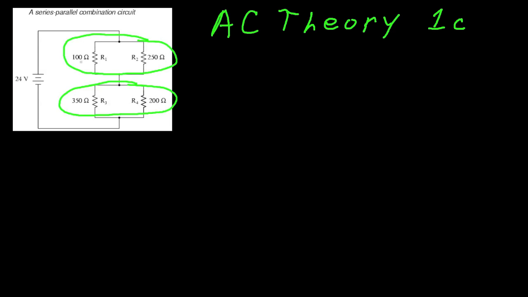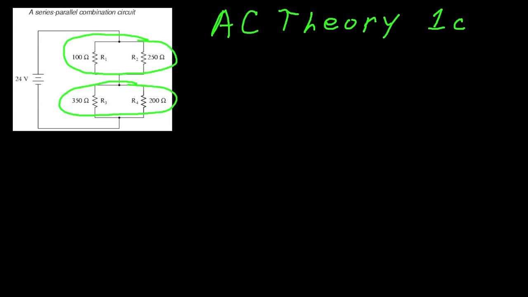Sometimes you'll be combining resistors in series, sometimes in parallel. But if I combine these two resistors in parallel, it's not going to affect the resistance of these two resistors or the amount of current that's flowing through this whole circuit.